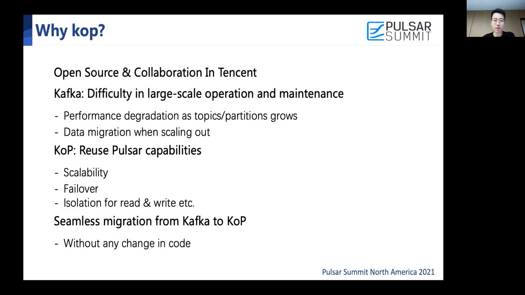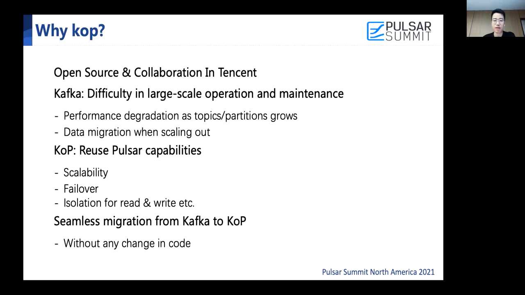Why do we choose KOP instead of Kafka for Kafka protocol users? Here are some reasons. The first is that Tencent has been promoting open source and collaboration for the past few years. The purpose is to unify the tech infrastructure. In this process, we found that some users build their own Kafka clusters.